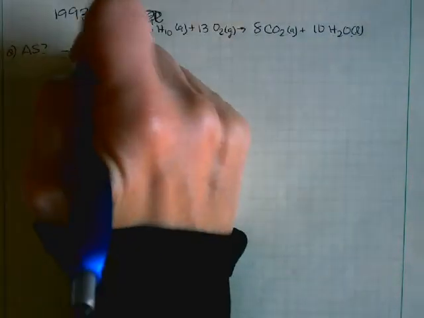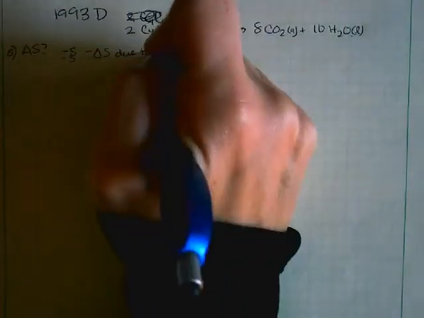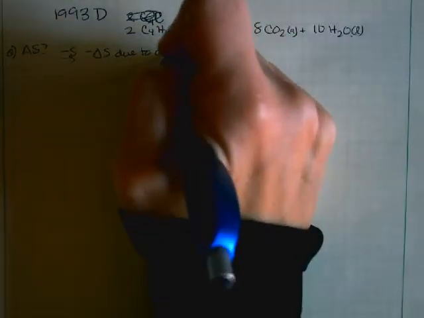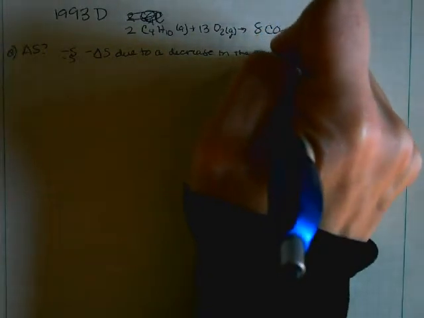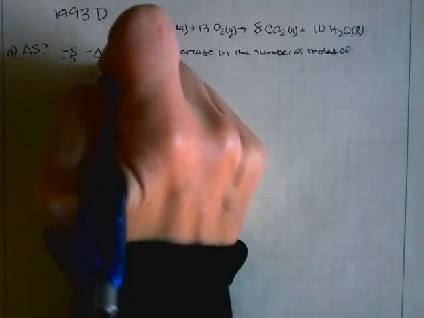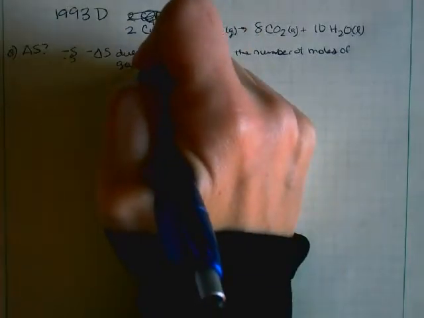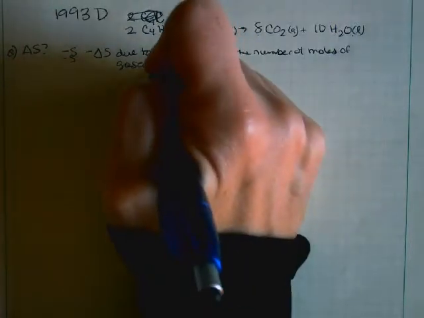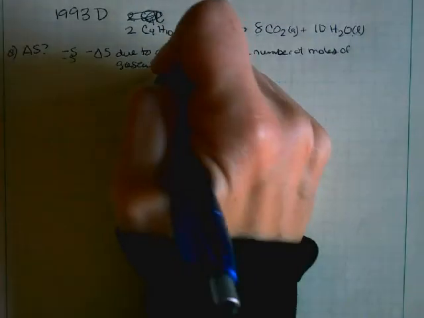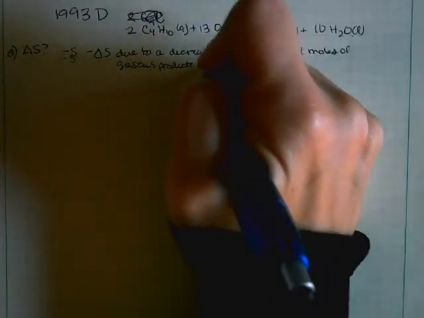So we're going to say delta S is negative due to a decrease in the number of moles of gaseous products compared to that of the reactants.